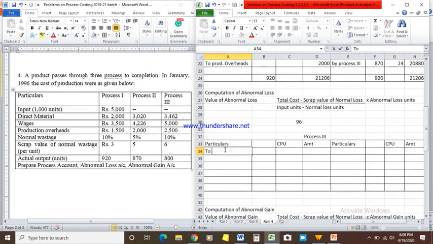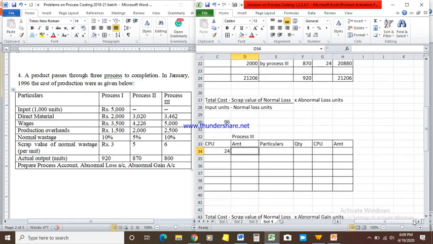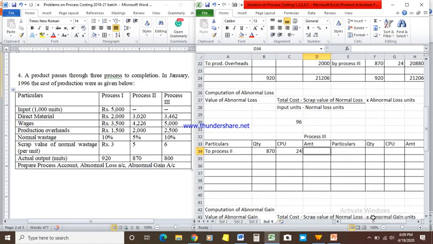Now finally we are in process 3. The number of units brought from process 2 is 870, at 24 per unit, that comes to 20,880.